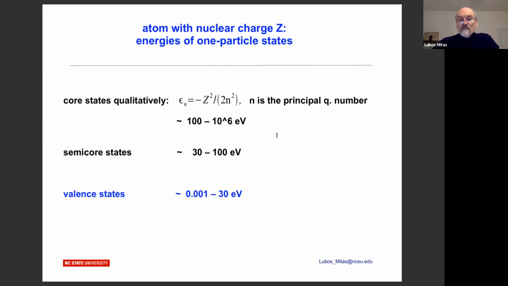So they go from, say, 100 to about 1 million electron volts. Now, semicore states are somewhere in between. They are between roughly 30 and 100 electron volts. Again, uncomfortably close to the valence window of energies, which is going from, say, 10 to the minus 3 electron volts to about 30 electron volts.